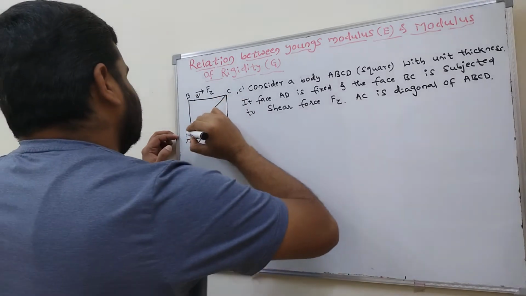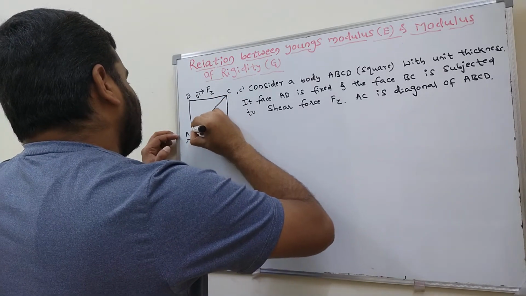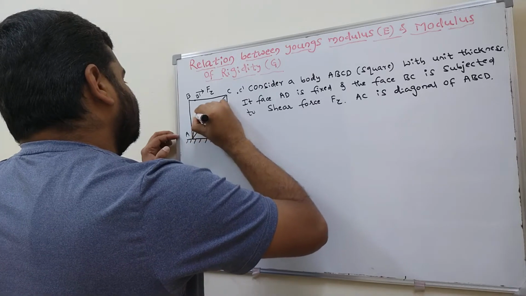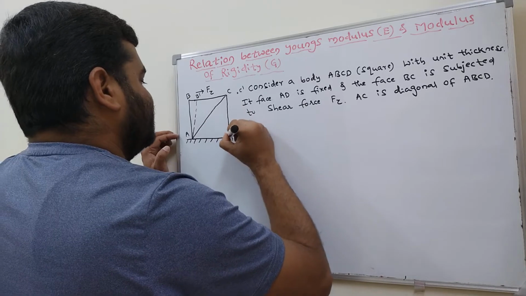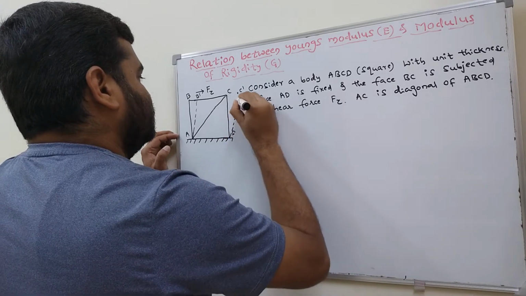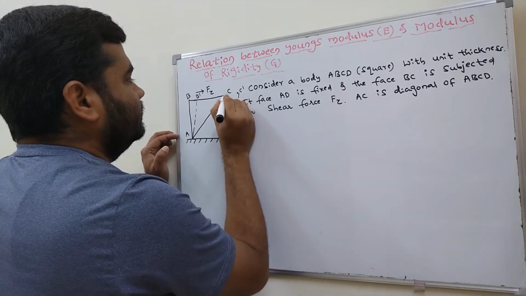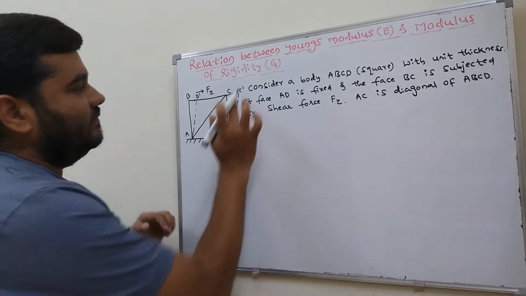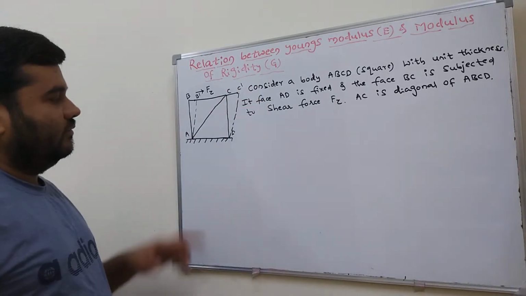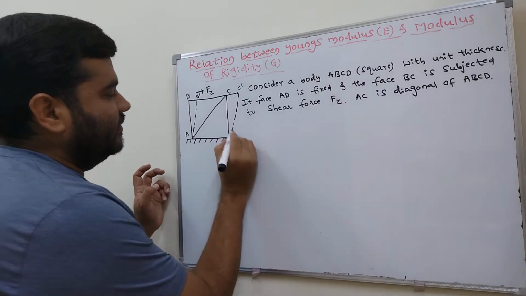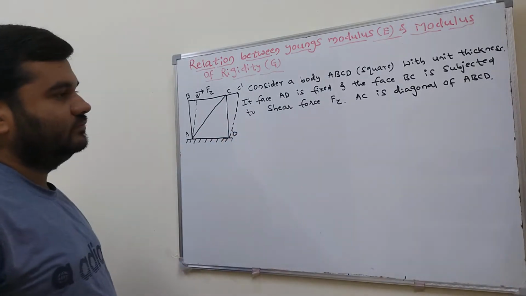It means the face will change here. This is B dash, and this will be C dash, where AD remains the same.